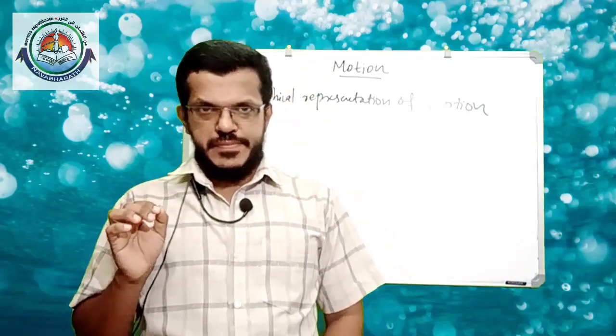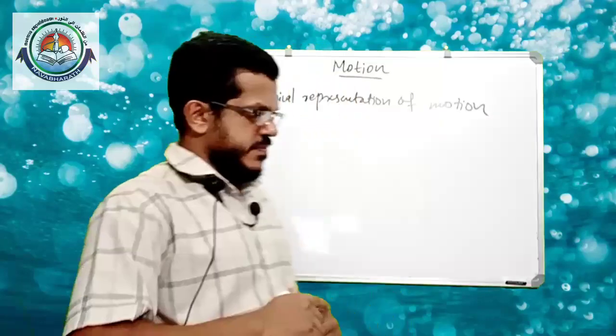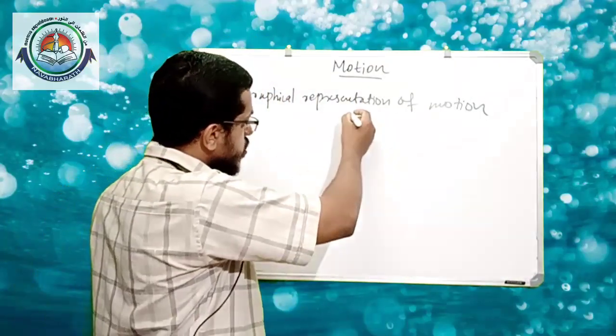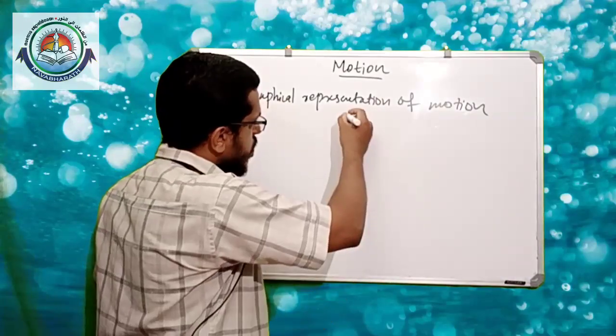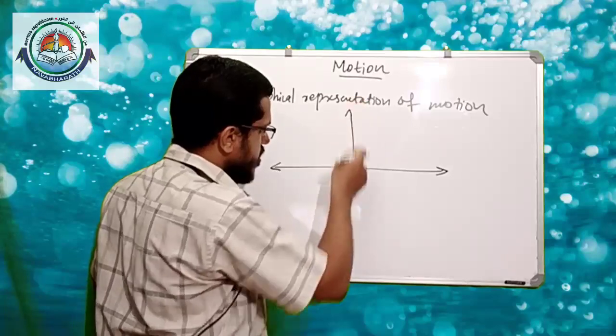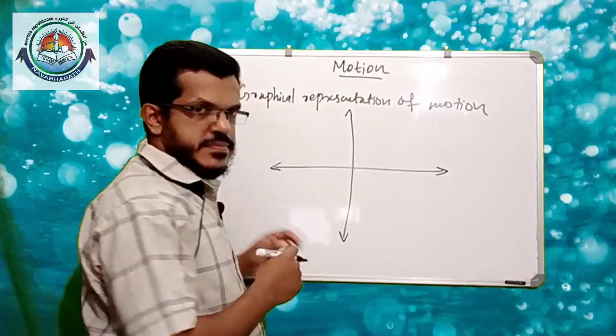I can represent the graph on the board like this. We can represent a graph using two lines. This is known as the horizontal line and this is known as the vertical line.